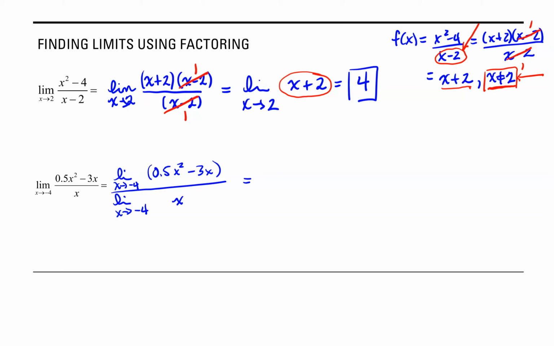Well, in the denominator, that's fairly straightforward. As x approaches negative 4, then my function x will approach negative 4 as well.